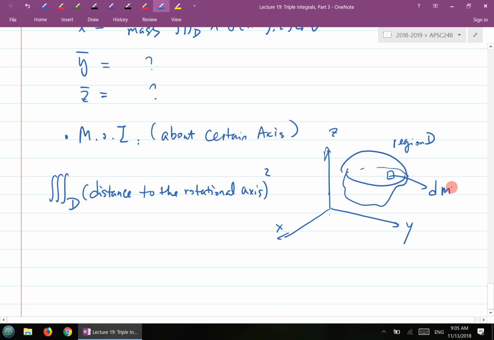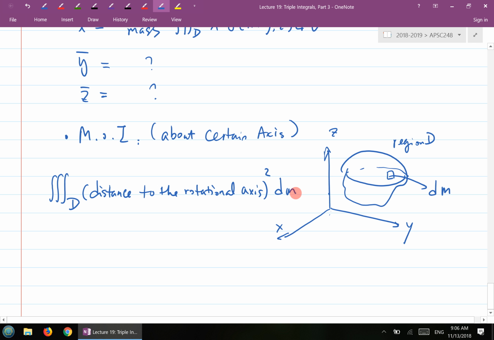What is the moment of inertia of that small mass with respect to a certain axis? You need to calculate the distance from the small mass to that axis, square it, and then multiply by this dm. So dm times the distance squared gives you the moment of inertia of the point mass.